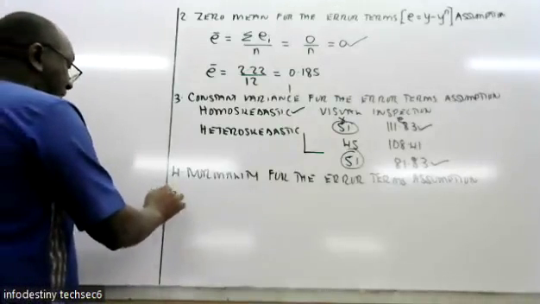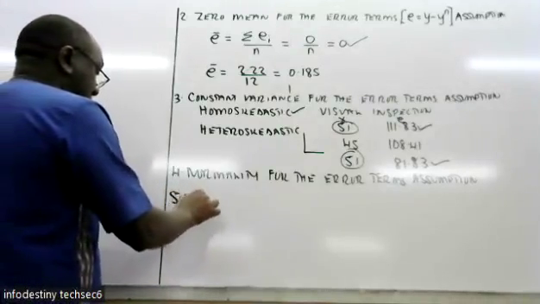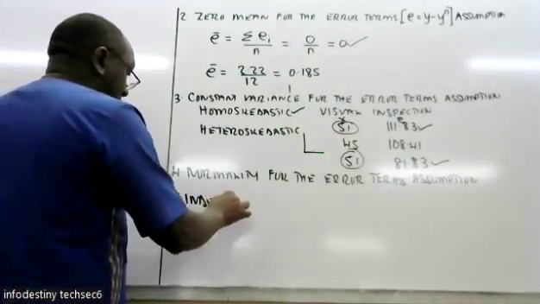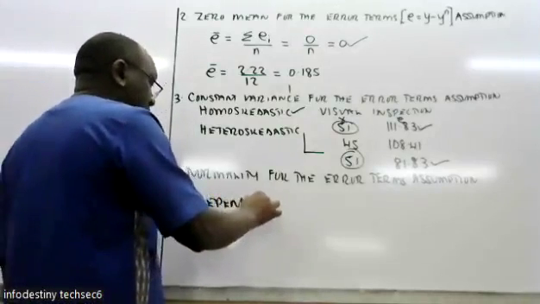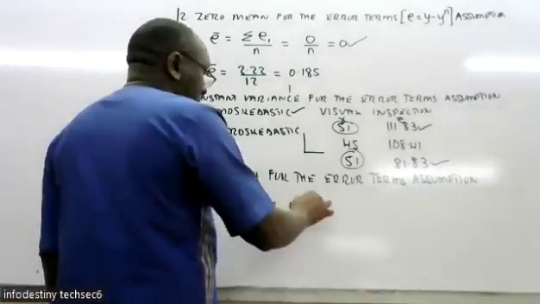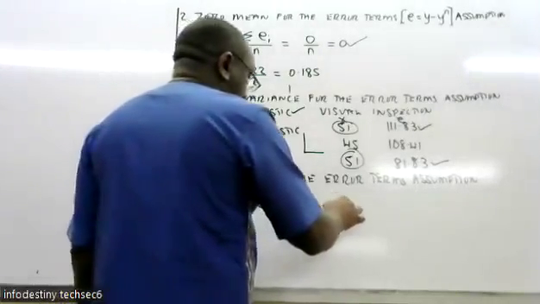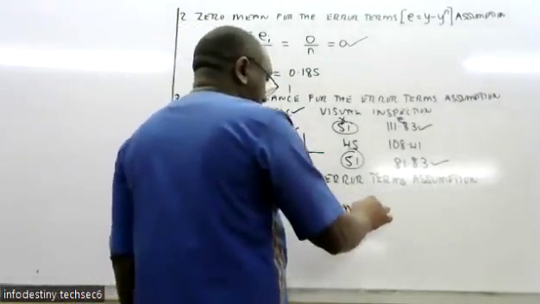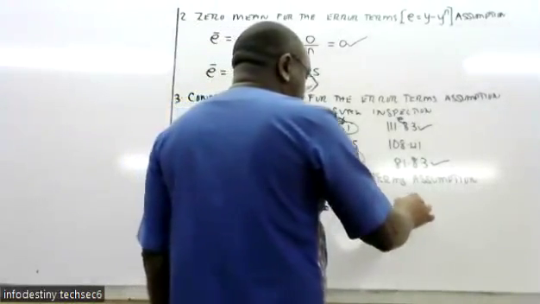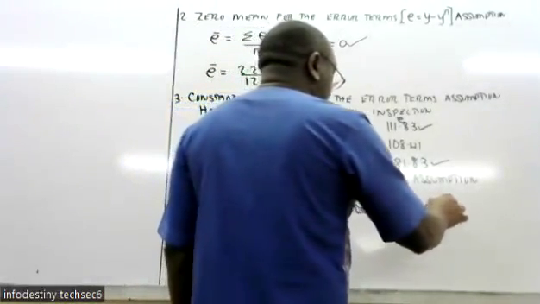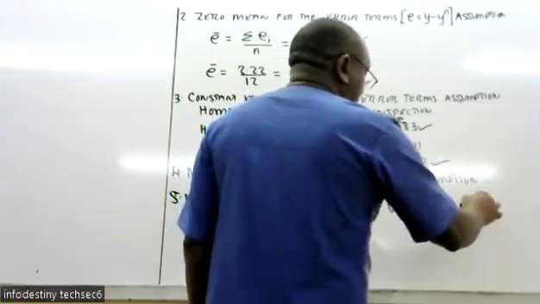And number 5 is called independence of dependent variable assumption.